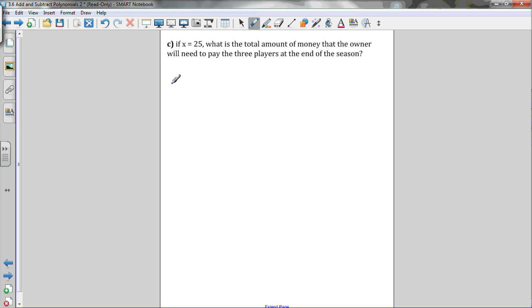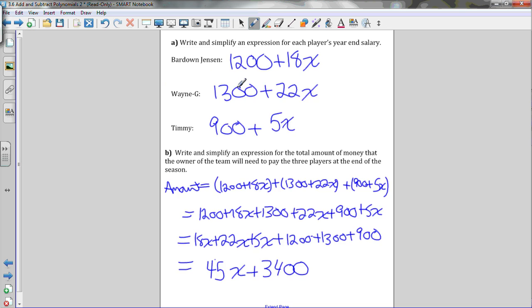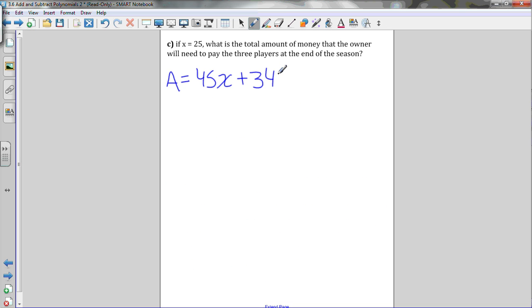So let me just write my expression again. So my amount is equal to 45x plus 3,400. So to do this, I need to substitute 25 in for x. So 45 times 25, the $25 they're being paid for each goal they scored, plus 3,400.